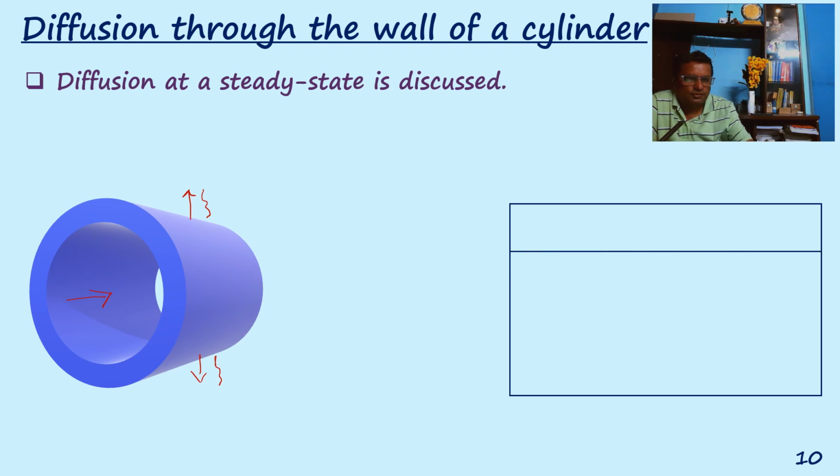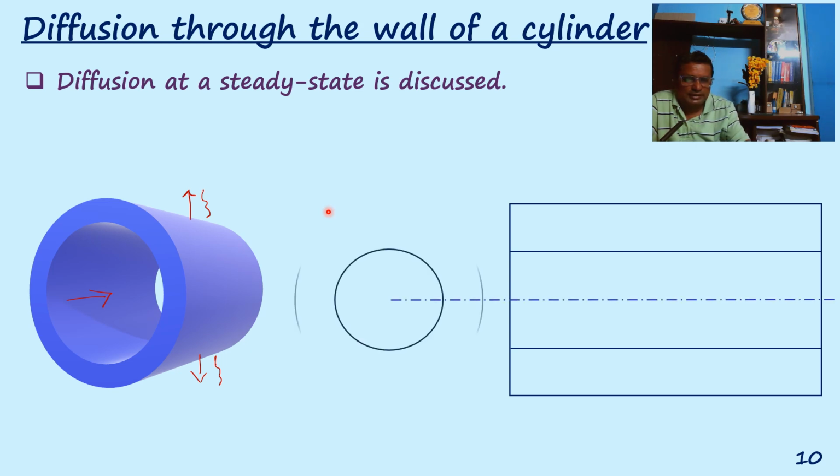Okay, so now let us show a proper schematic for this. What you are seeing over here is the pipe. You have the inner diameter of the pipe and the outer diameter of the pipe, and then the cylinder shown from a different view. So you have the inner diameter, the outer diameter, and this is the length of the cylinder.